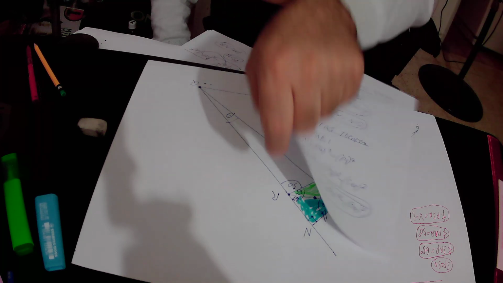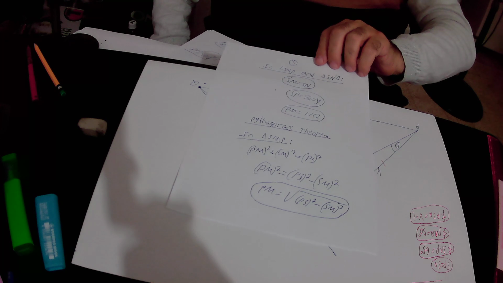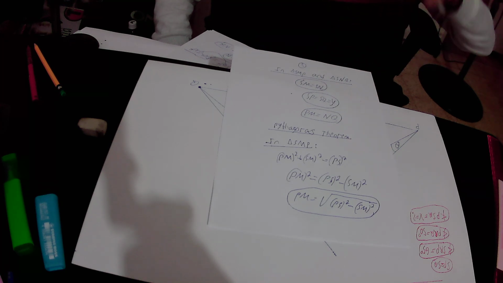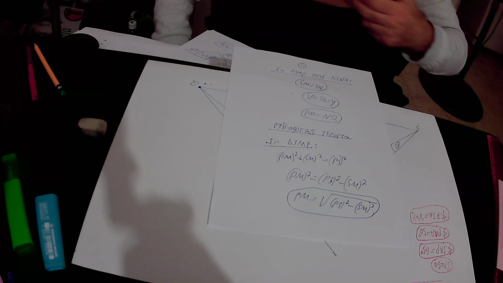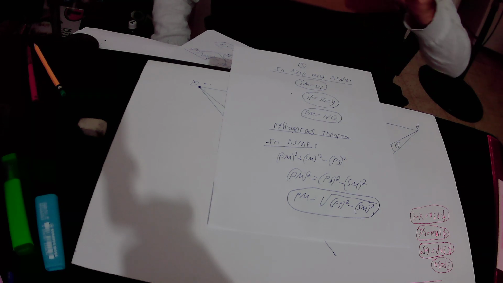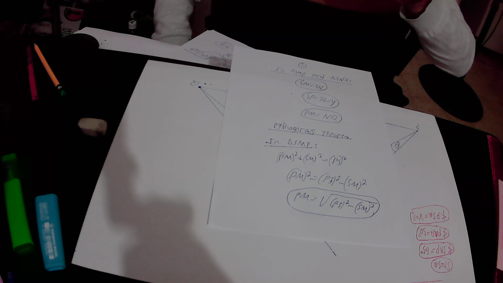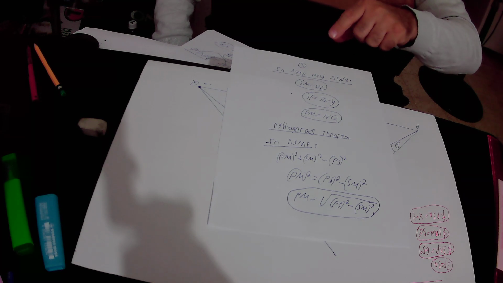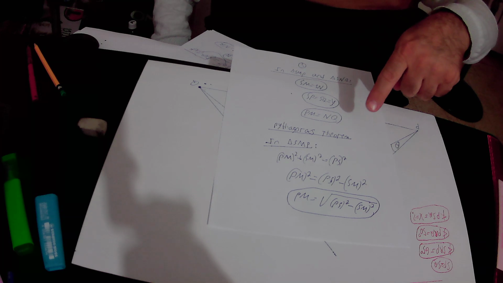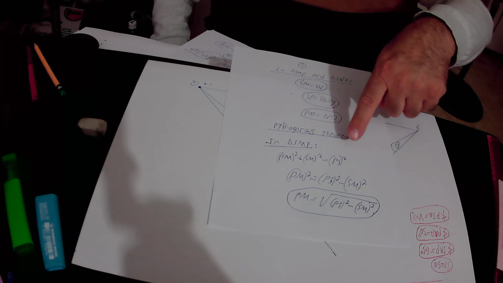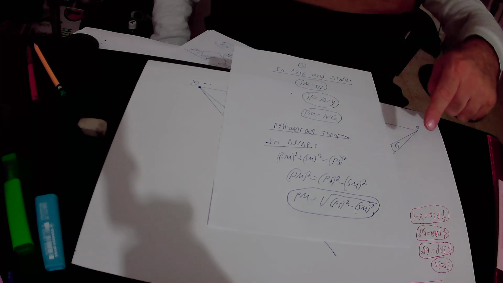Because we have right triangles, so we can apply the Pythagoras theorem in those two right triangles. The Pythagoras theorem states that the square of the hypotenuse is equal to the sum of the squares of the perpendiculars. So in the right triangle SMP, PM square plus SM square equals SP square.